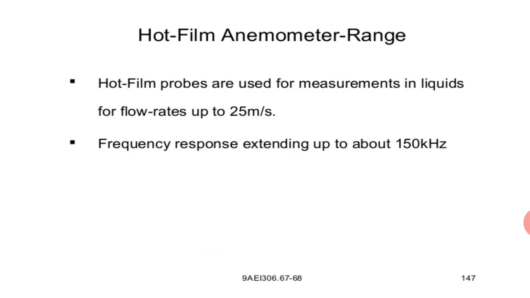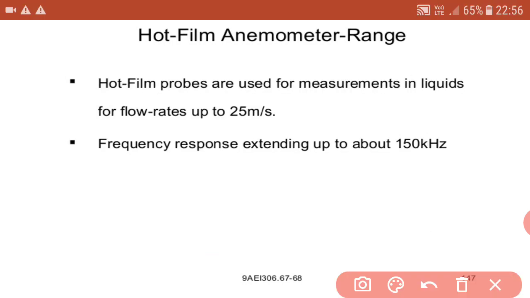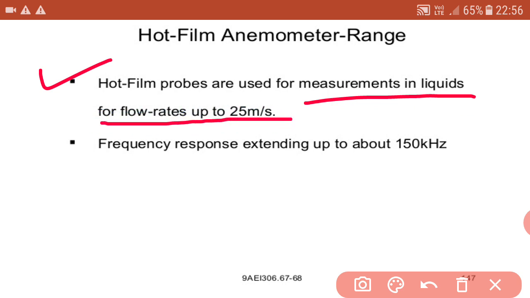Now, the hot film anemometer range. What is the range of this anemometer? Hot film probes are used for measurements in liquids for flow rates up to 25 meters per second.